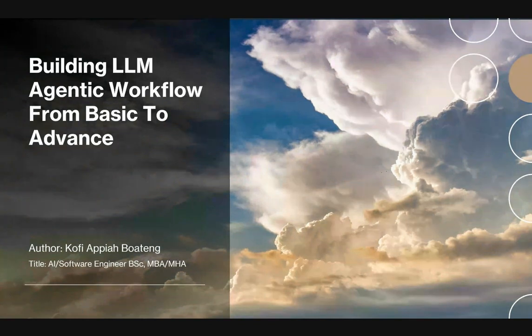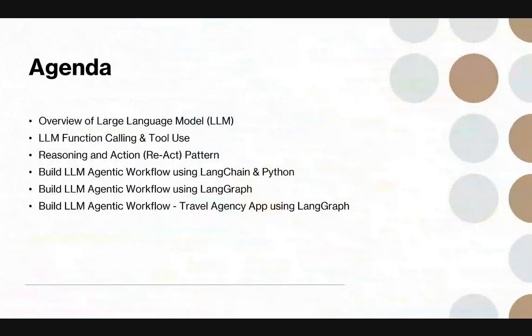Okay, all right. So today's agenda, we're going to go into an overview of large language models, and then look at function calling or tool use, and then look into the ReAct pattern. And then we will look at an agentic workflow using LangChain and Python. So exactly the question that Ben asked, you can build workflows using LangChain.